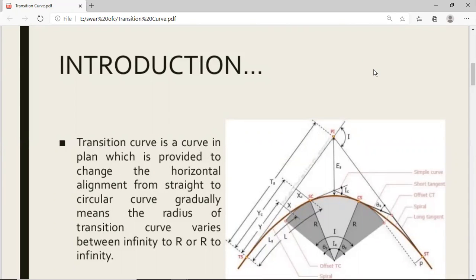It provides the horizontal alignment from straight to circular. The radius varies between R to infinity or infinity to R.